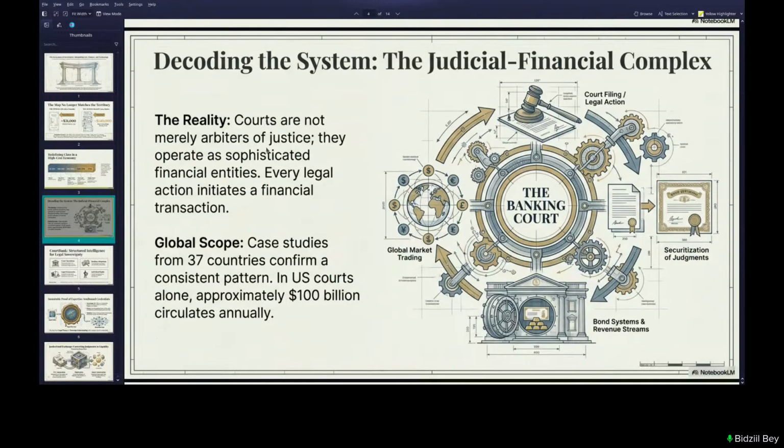And tracing that capital flow really reveals the scale of the whole operation. This money moves through these elaborate bond systems, pervasive fee structures, and the rigorous enforcement and collection of fines, which then often feed right back into municipal or state budgets. Yeah, and when you trace that flow using the data visualizations that CourtBank highlights, the numbers are just absolutely staggering.